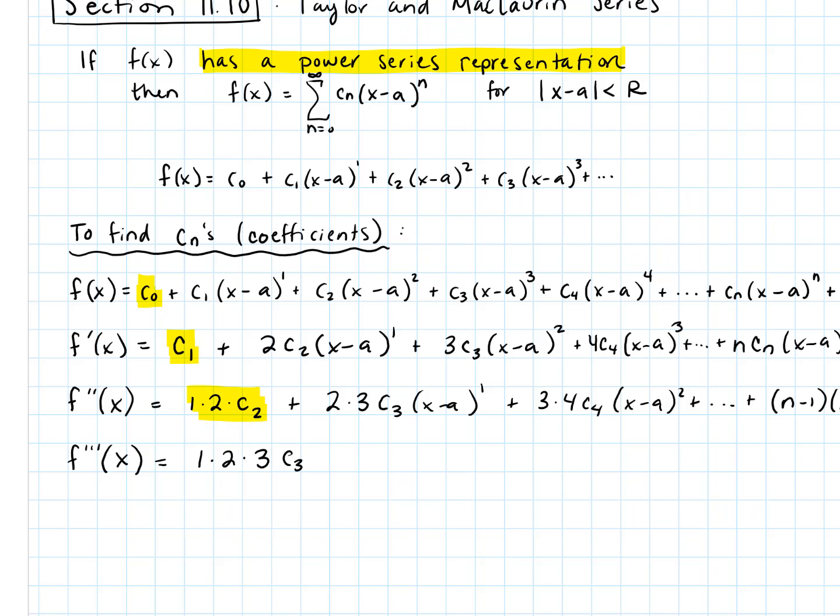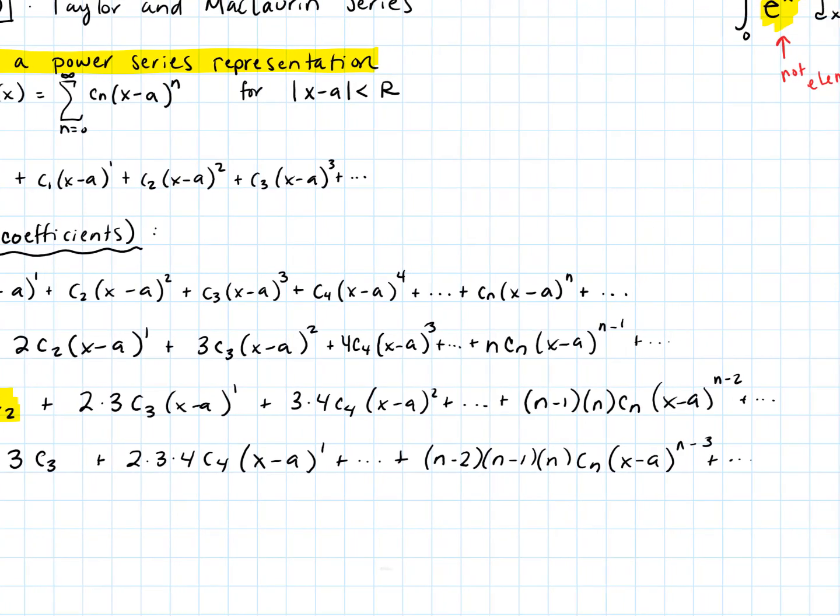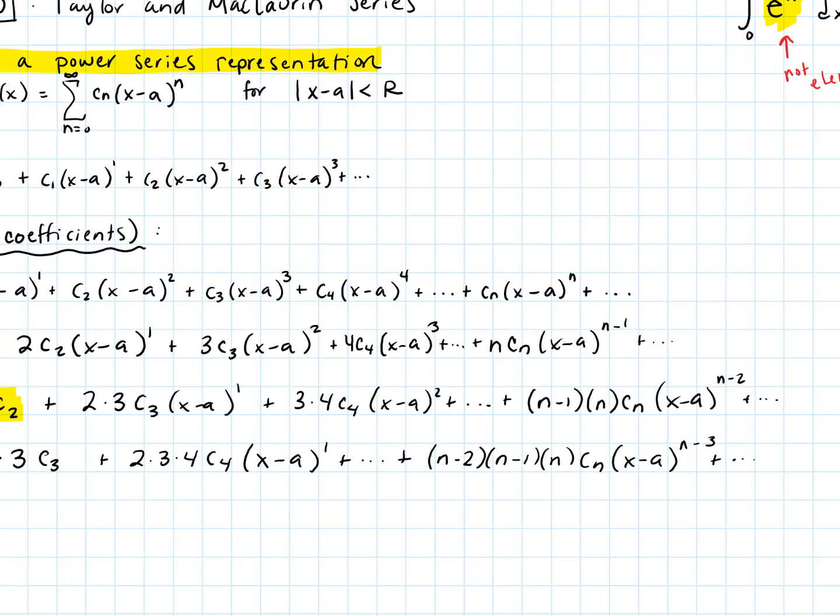So (x minus a) to the 0 is just 1, plus we'll have 2 times 3 times 4 times c4 times (x minus a) to the first, and so on, and we're going to have n minus 2 times n minus 1 times n times c_n times (x minus a) to the n minus 3, and on it goes. I think I ran off the screen there, but there we go.